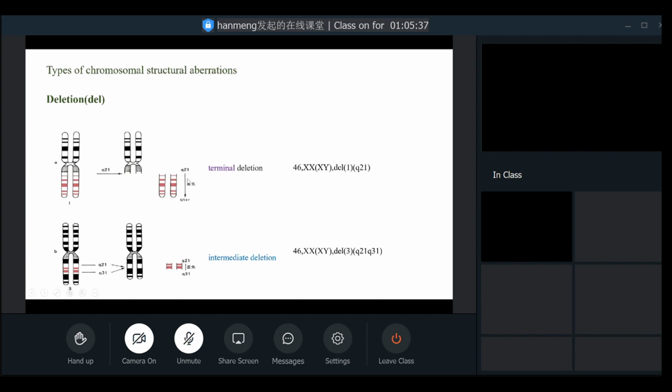So from the Q21 to the Q terminal is lost. Then this condition can be described as 46, XX or XY, DEL means the deletion, and the first bracket is the chromosome 1, so it is 1. Then the breakage point is Q21, so the second bracket is Q21 here.